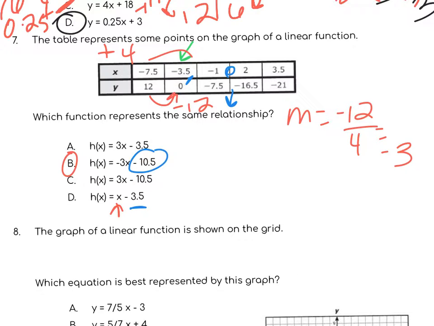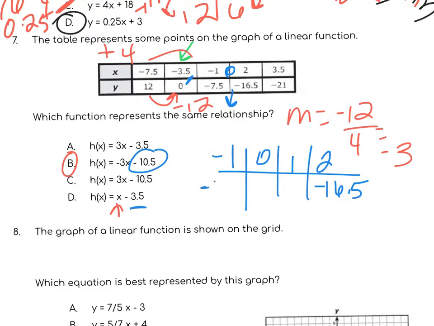So if you were going to find it, one of the things you could do is expand your table out, -1, and then I'd have 0, 1, and then 2. So here's your -16.5, here's your -7.5, and you just found out your slope is -3, so every time x goes up 1, y goes down by 3, and there's your -10.5.